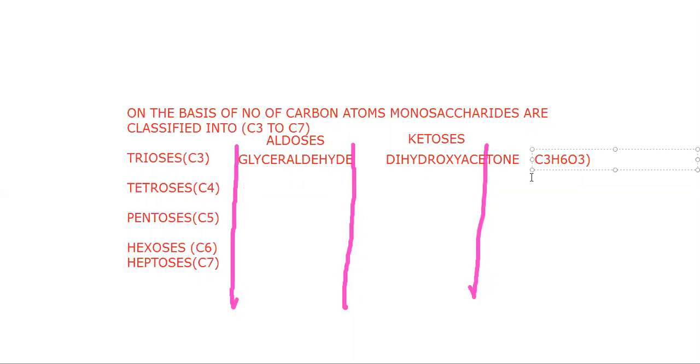They are called trioses. One example of the trioses, the aldotriose, is glyceraldehyde, and the ketotriose is dihydroxyacetone.